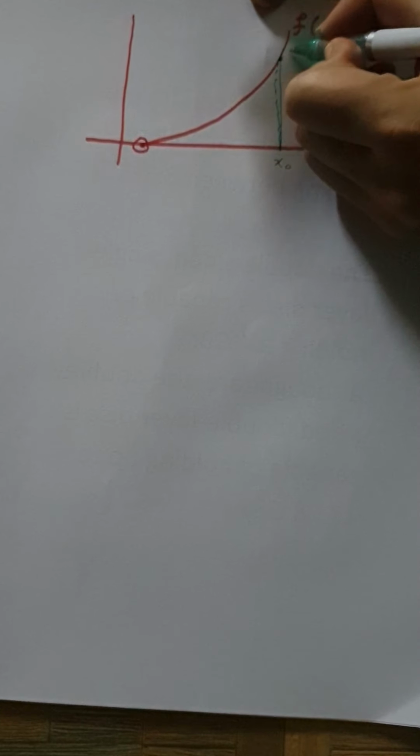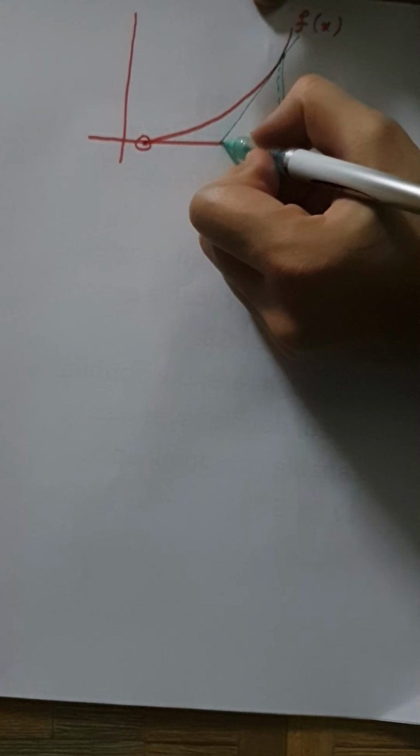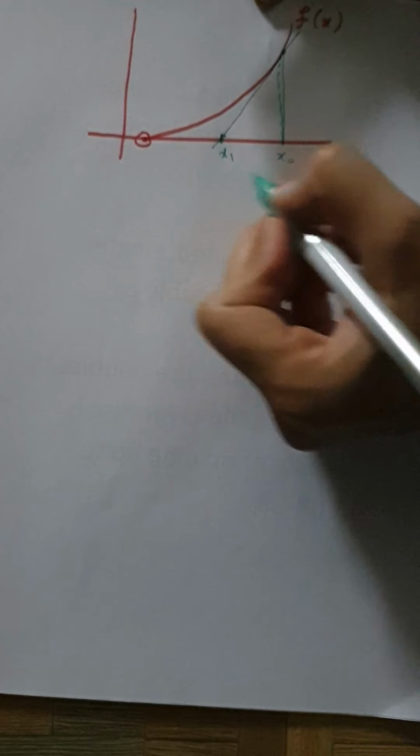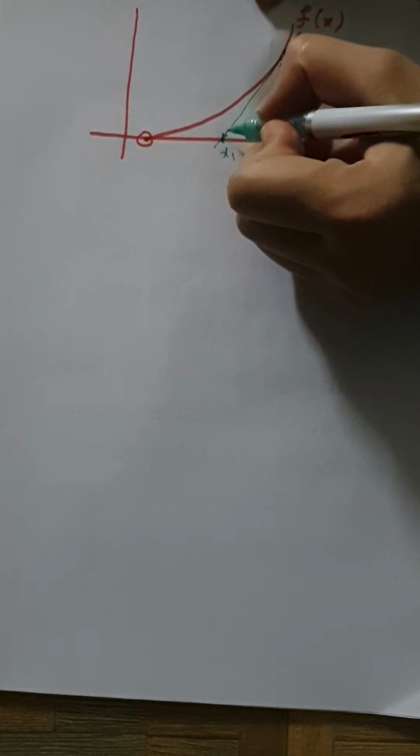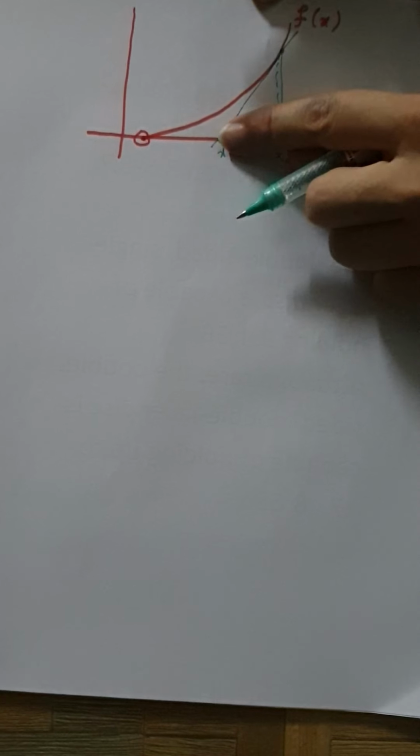I have to draw the tangent on the curve, and where this tangent cuts the x-axis will be the first approximation to our root of the equation. Then how will this method proceed?